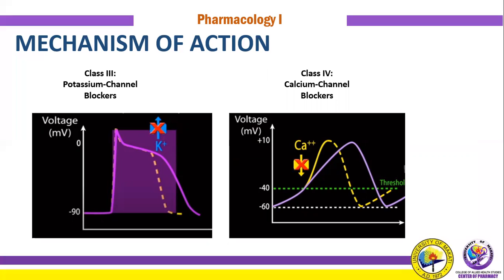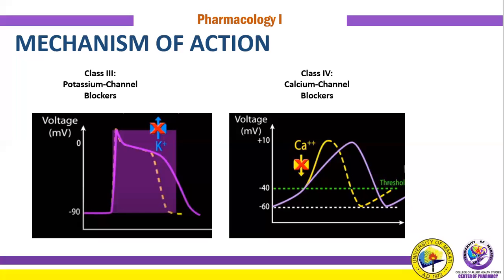The result is slowed repolarization because the potassium channel is blocked, hence a prolonged duration of action potential and refractory period. This reduces heart excitability and suppresses reentrant tachycardia.